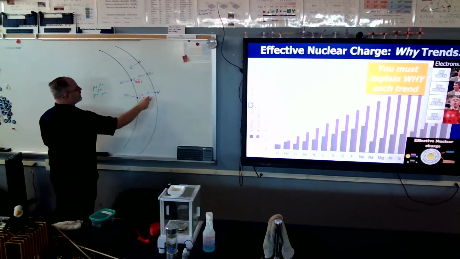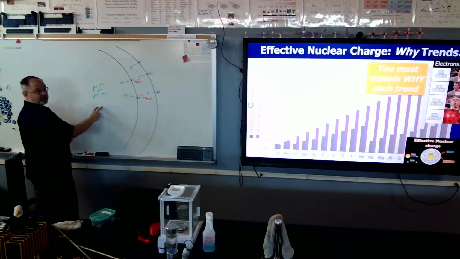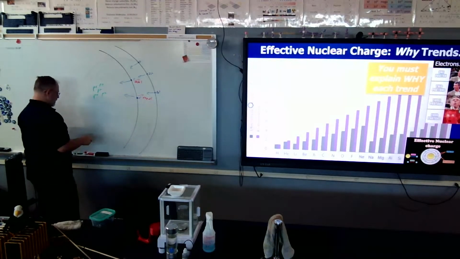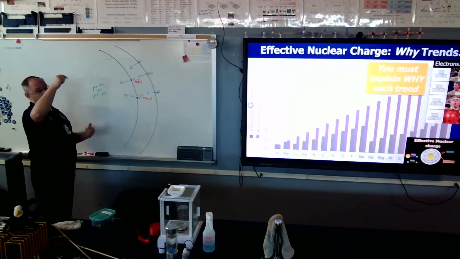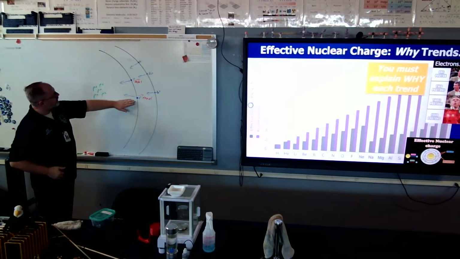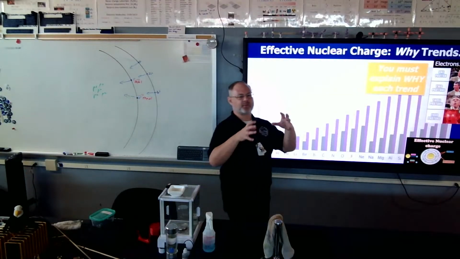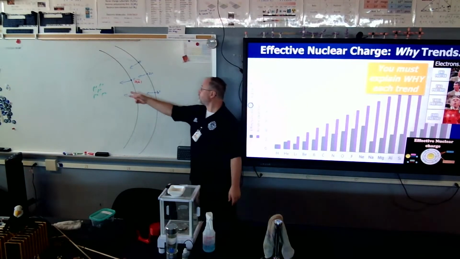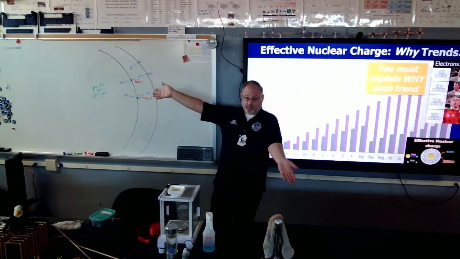If you looked at the attraction of this shell for the nucleus, it would go down with distance. If you look at attraction for this guy for the nucleus, which one's going to be stronger? Shell 1 for the nucleus or shell 2 for the nucleus? Shell 1, it's closer, right?